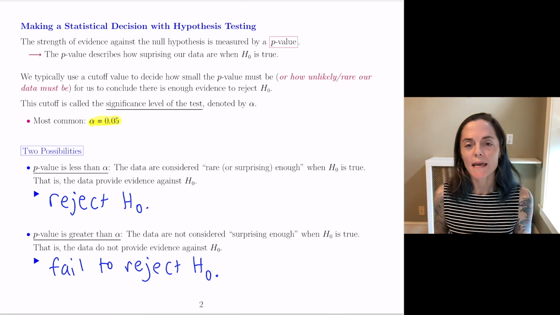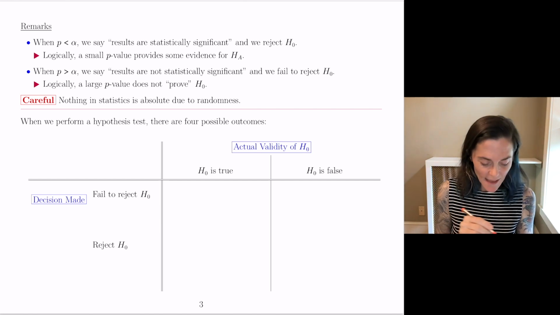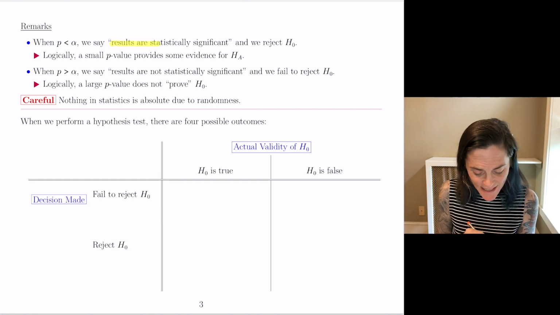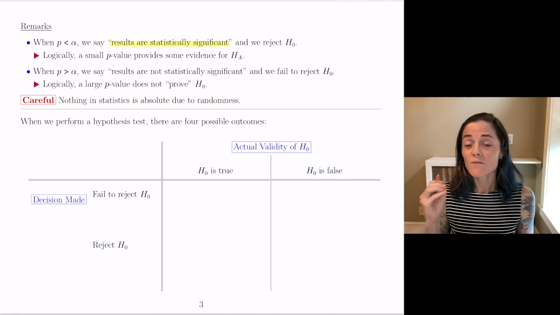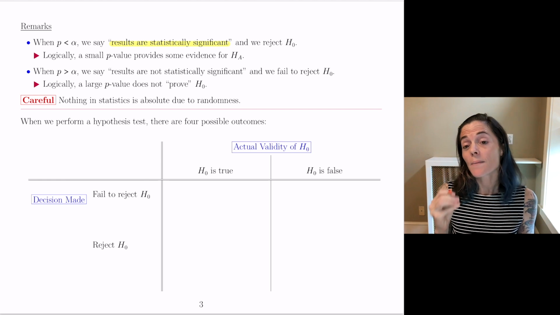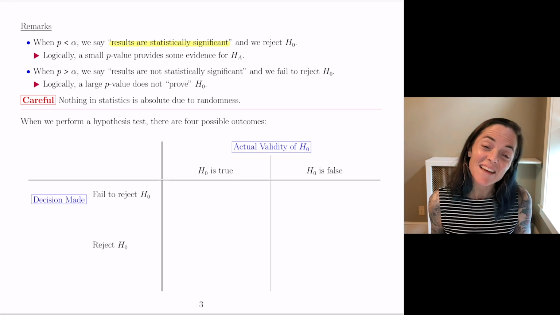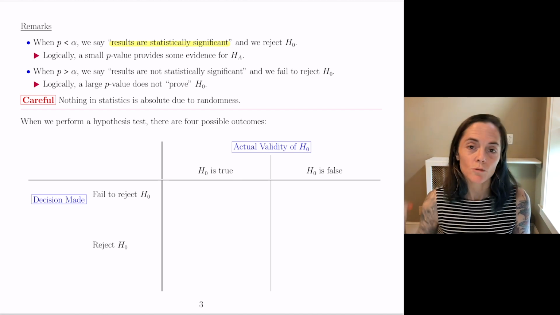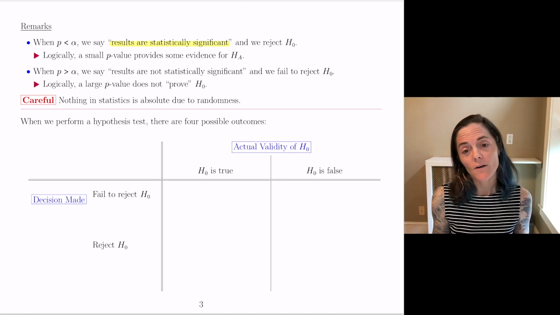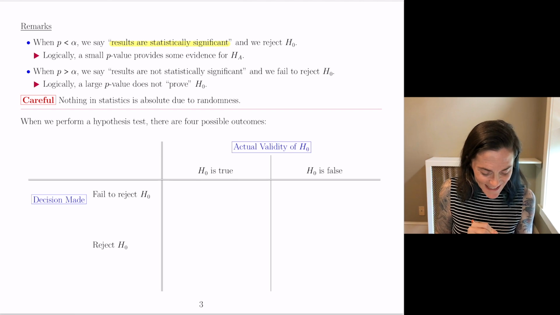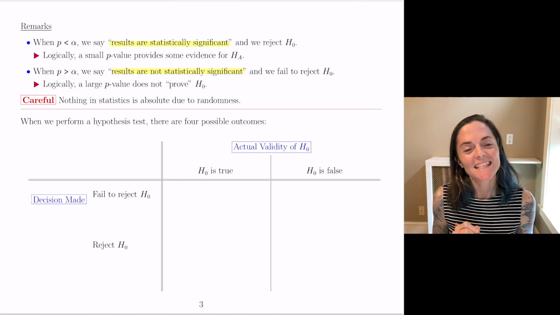Let's discuss these two cases a little more. When p is less than alpha, we say the results are statistically significant and we reject H0. Logically, this very small p-value provides some evidence for this alternative hypothesis, and as I was mentioning, this is typically what we want to prove. Now, if the p-value is bigger than alpha, we say the results are not statistically significant, and we fail to reject H0.